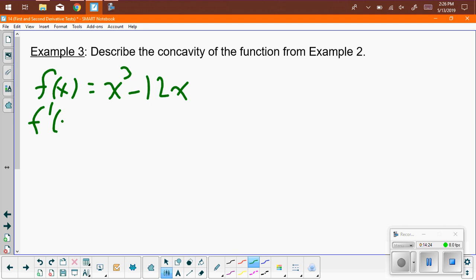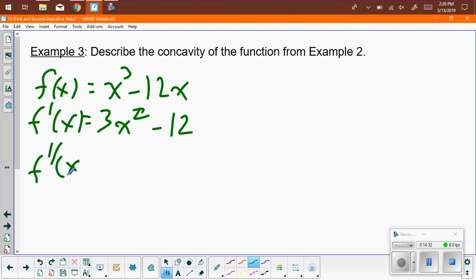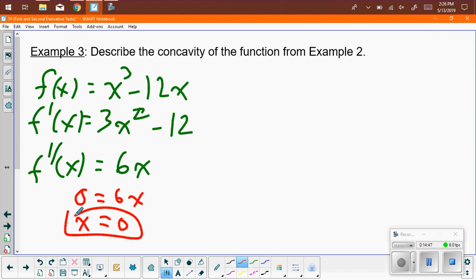My first derivative is 3x squared minus 12. So that means my second derivative is 6x. I want to determine where this is positive or negative, so we're still thinking about roots. 0 equals 6x, so x equals 0 is the only root that we have.